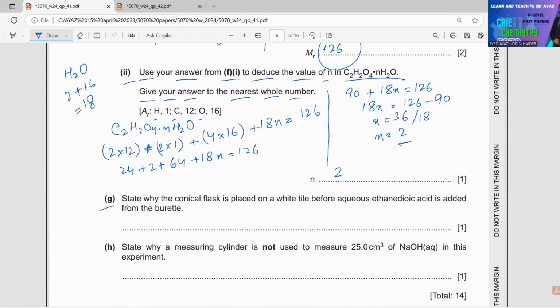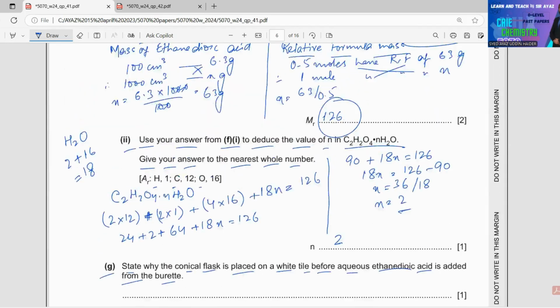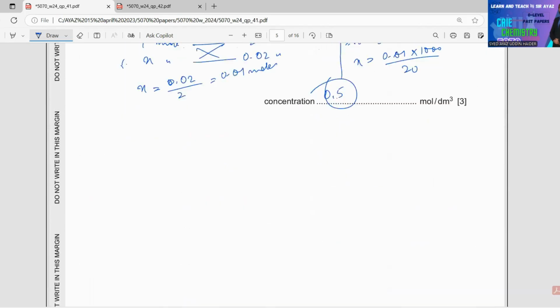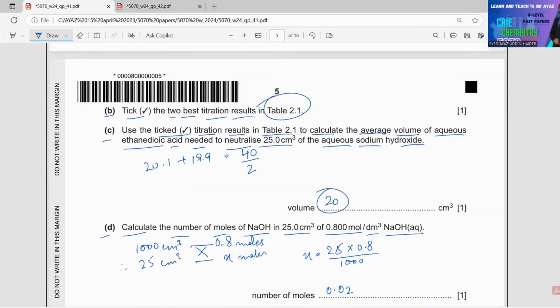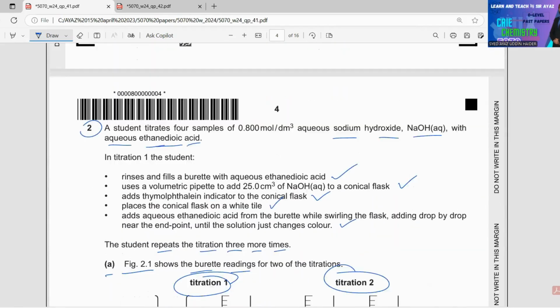G. State why the conical flask is placed on a white tile before aqueous ethanedioic acid is added from the burette. So we are adding phenolphthalein. It changes color. Here, if you look at this, the indicator is added here.